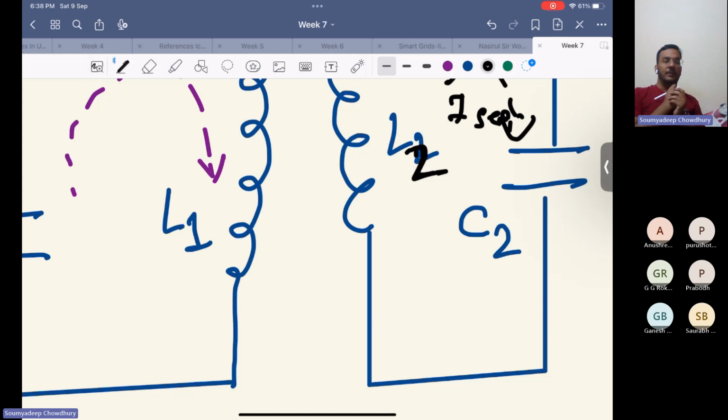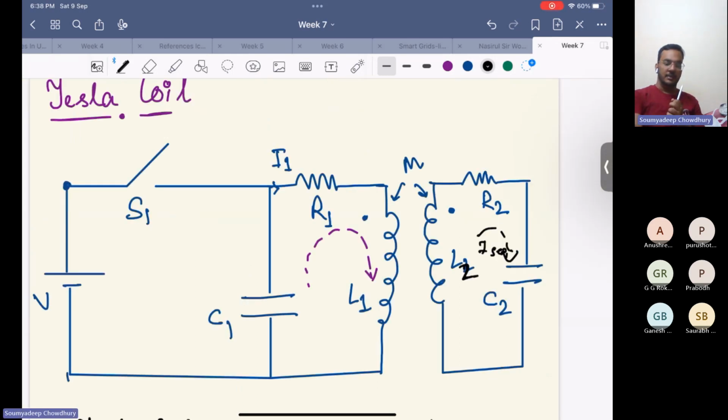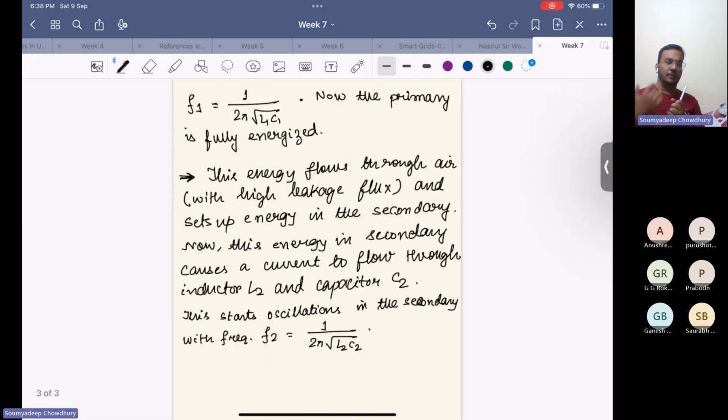So there is a particular voltage up to which the load capacitor can withstand. As this energy is building up in the primary, then it is setting up in the secondary. So only up to a particular voltage it can withstand. Once the secondary energy crosses that threshold, there will be a flashover, or there will be a blast of the capacitor C2.